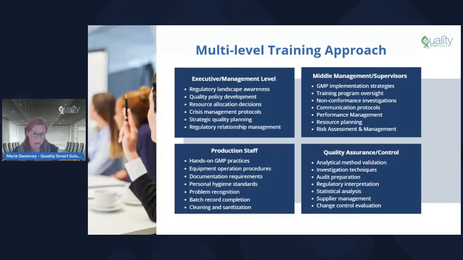Regulatory interpretation: ensuring that they understand and apply regulatory guidance effectively. Supplier management: qualify and continuously assess your suppliers to ensure that their quality is meeting your quality. And then change control evaluation, so they will evaluate the impact of proposed changes on product quality.